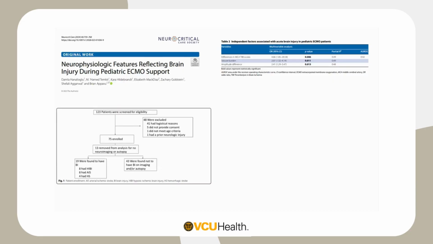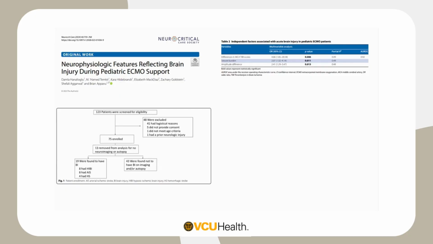As part of this, we tried to develop a multivariable logistic regression model to see which neuromonitoring biomarkers across multimodality monitoring, whether markers of autoregulation, EEG markers, NIRS markers, or TCD markers, provided the most accurate model of predicting brain injury.